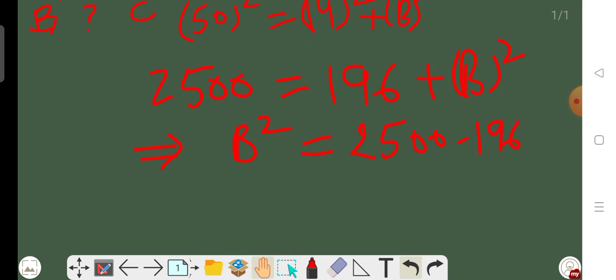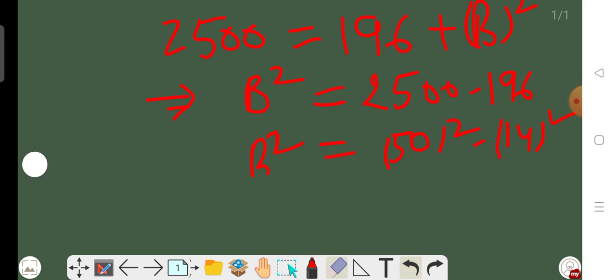Okay, so from here we can calculate base, and you can simply write beta, if you want to use the identity, 50 square minus 14 square. We can use the identity here, a plus b into a minus b is equal to a square minus b square. By using this identity we can solve for the value of base.